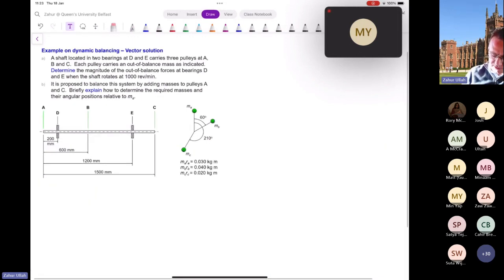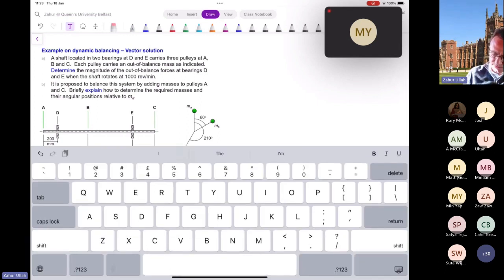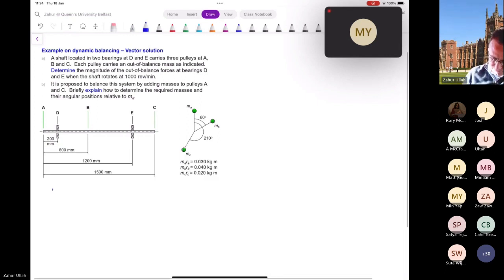So the first thing is you are given this omega here. Omega which is given is 1000 RPM. From here we can calculate omega square in radian per second.